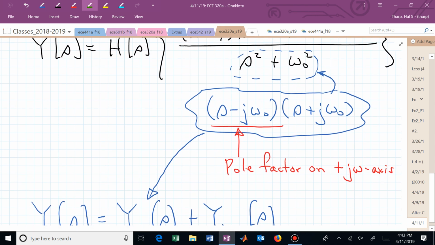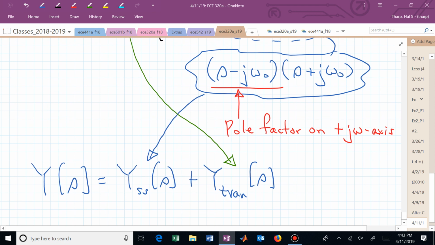And the poles of h of s give us our transient piece. We're assuming h was stable. All of those will eventually decay, based on the slowest time constant. We wait 5 of those, and we're in the sinusoidal steady state behavior.